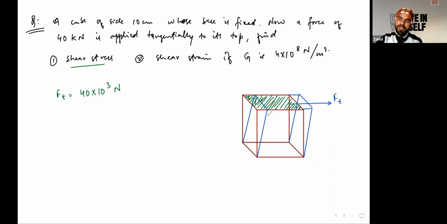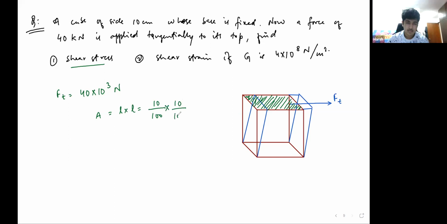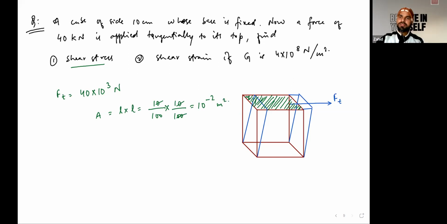So the area of a square will be side into side. Side is 10 centimeter, so divided by 100, that is 10 centimeter divided by 100. So this 0 and this 0 will cancel out, and you will get 10 to the power minus 2 meters, so area is 10 to the power minus 2 meter square. Now just put in the formula.